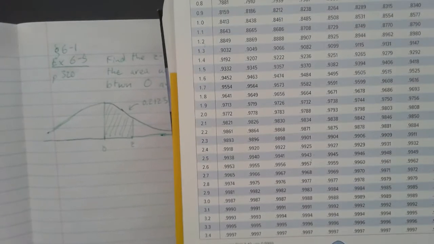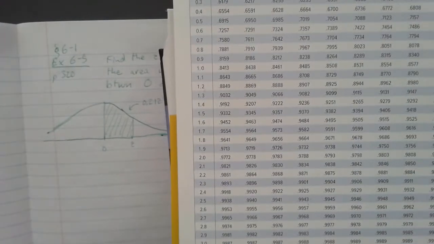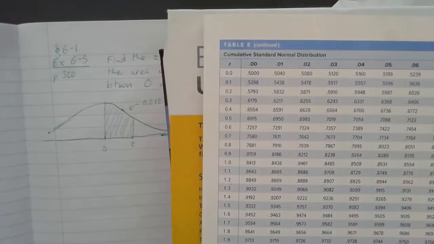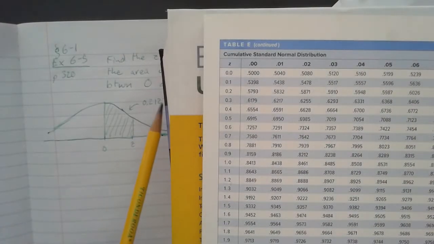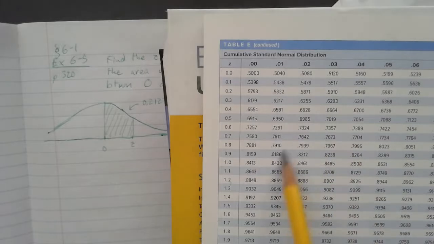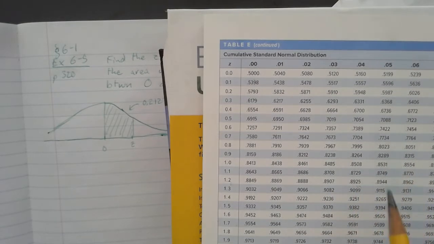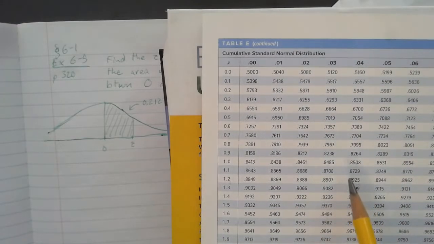Then in this case, we have the area. So we have this figure and we have its area. We already have that target value. So what we're going to be doing is finding the correct area within the body of this table, and then from there, figuring out what z value goes with that. If we cannot find the exact area, that's okay. We'll just find as close as we can get to it, right?